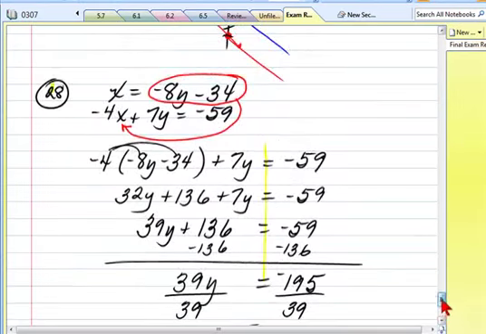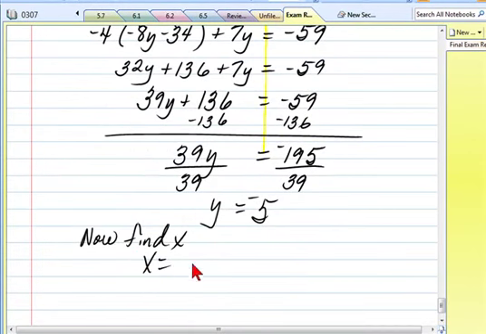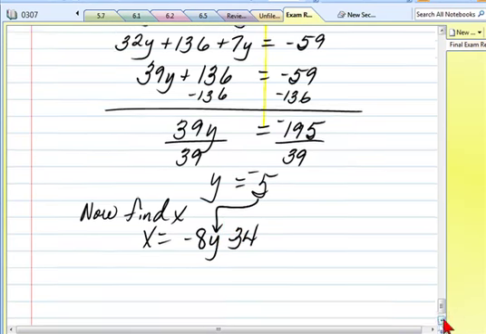I will be thinking about this circled expression that's up here at the top. X is equal to negative 8y minus 34. Plug in negative 5 for the y value.